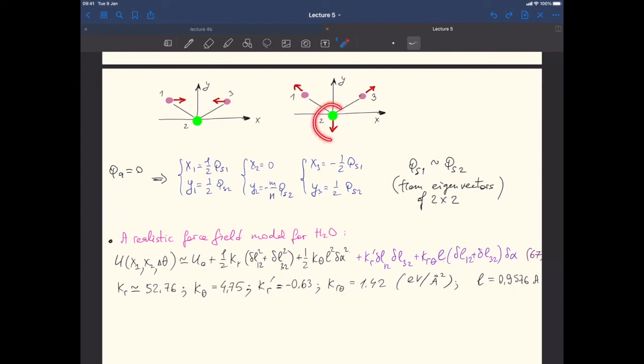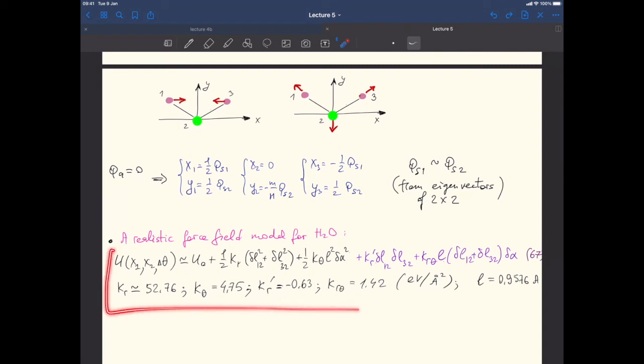At the same time, the oxygen atom, as being much heavier, moves in the opposite direction by a little amount along the y-axis. So these are 3 modes we find for the water molecule, and given the explicit expression for the potential energy, you should be able to actually calculate these modes, and this can be actually done.